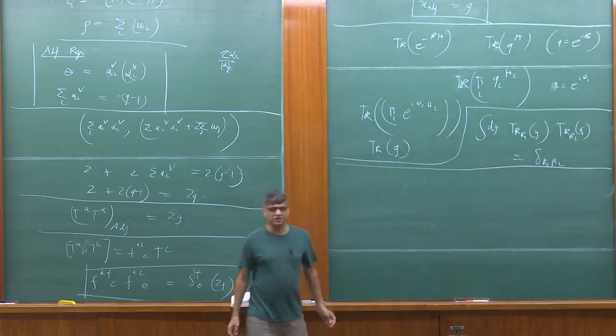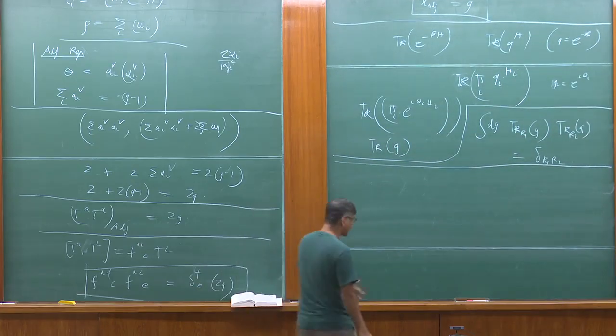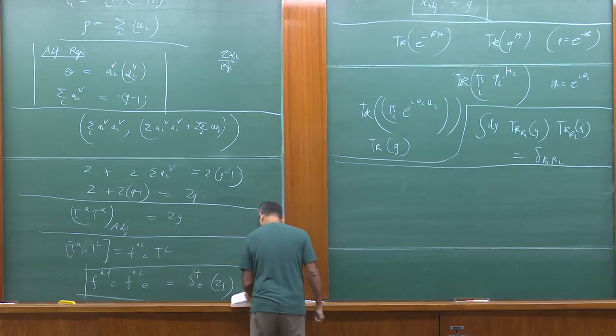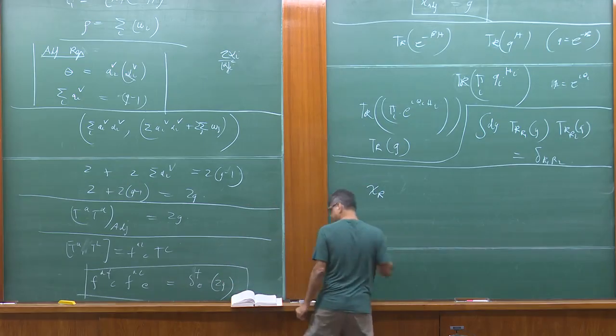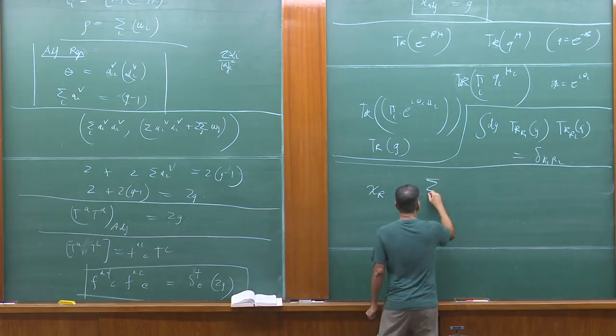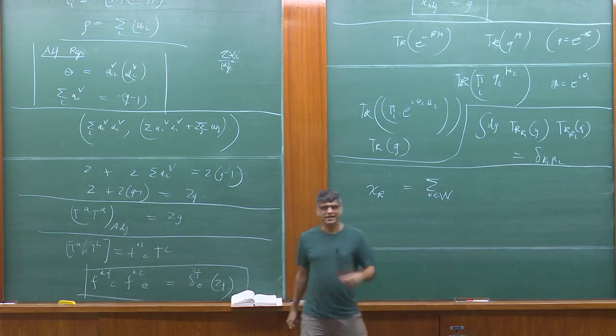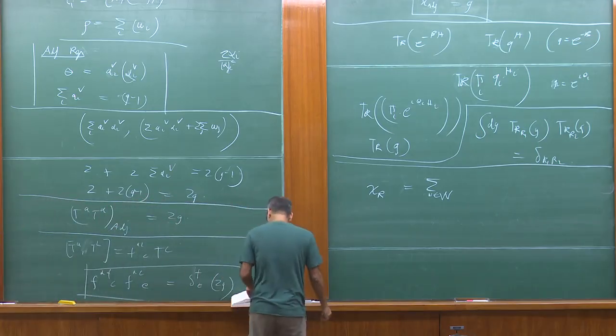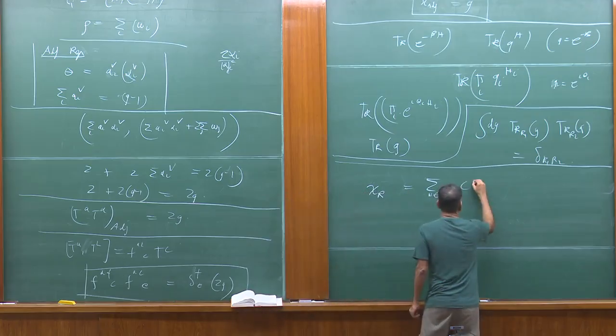The formula goes as follows. Okay, first I'll write down a formula and then I'll tell you what every term means. Chi in representation R is equal to the sum over the Weyl group. This little w is an element of the Weyl group. You remember the Weyl group, right? These SU(2) reflections. Little w is an element of the Weyl group, and then I'll write various things.